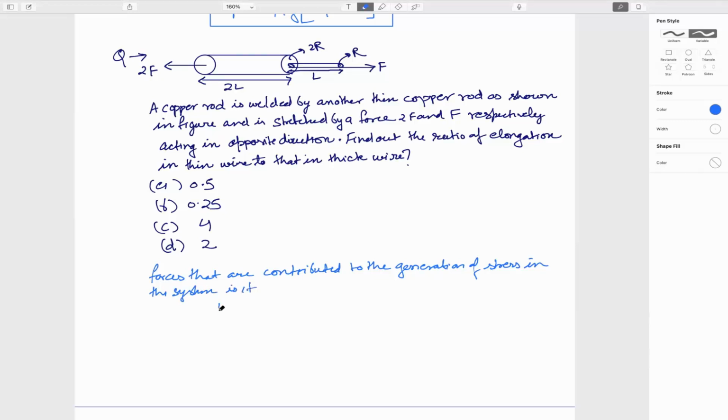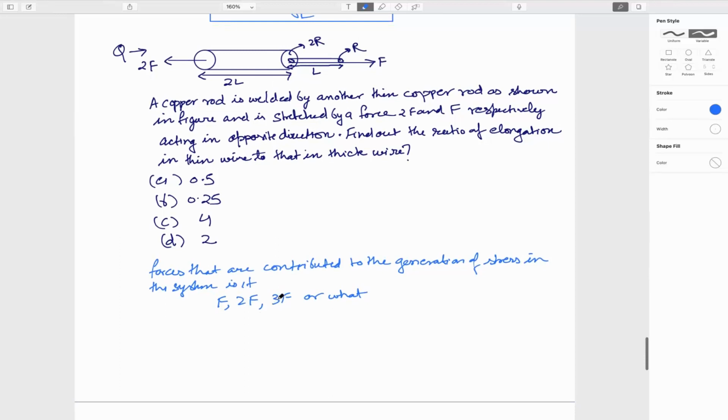Is it F? Is it 2F? Is it 3F? Or what? The correct answer lies in finding the force that is creating the stress in the system.